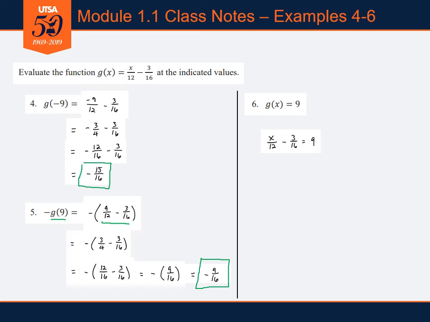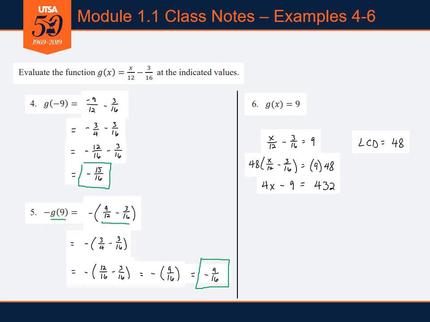And we've done that in Module R. We've reviewed that, where we've solved equations involving fractions. And my suggestion was the easiest way to do that is to clear the fractions by finding an LCD. Between 12 and 16, the LCD ends up being 48. And when I multiply both sides by 48, 12 goes into 48 4 times, 16 goes into 48 3 times.